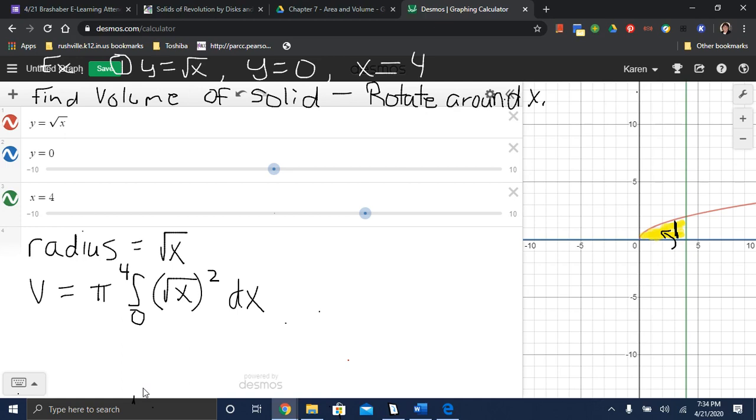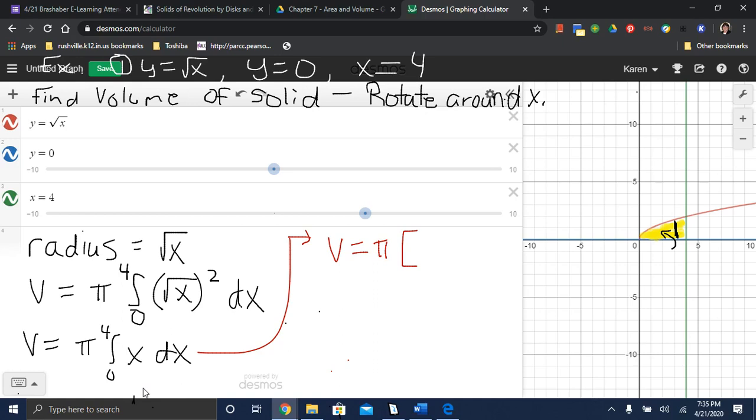And so we'll do the actual work now. Simplifying, the square root of x squared would just be x. So we're actually just integrating the x. And now we'll do the actual integration using your power rule. So the volume will equal pi times, and then the antiderivative of x would be x to the second over 2.